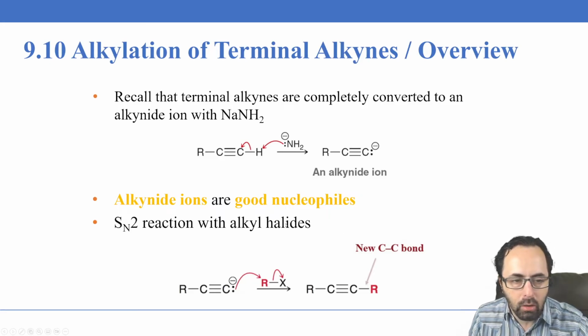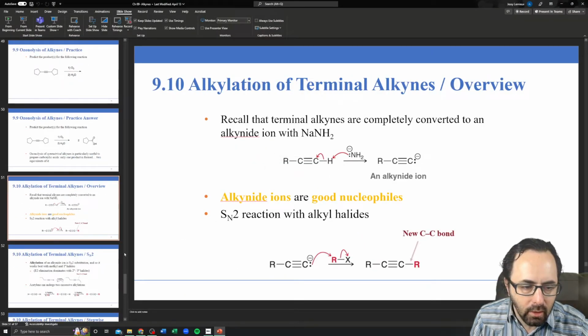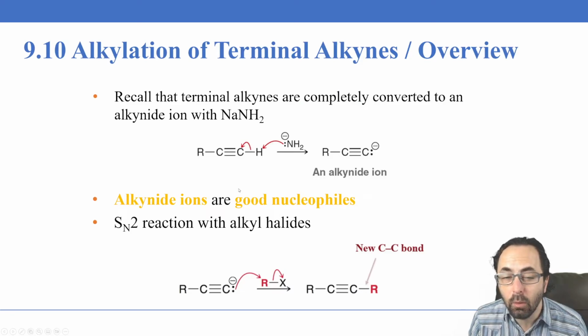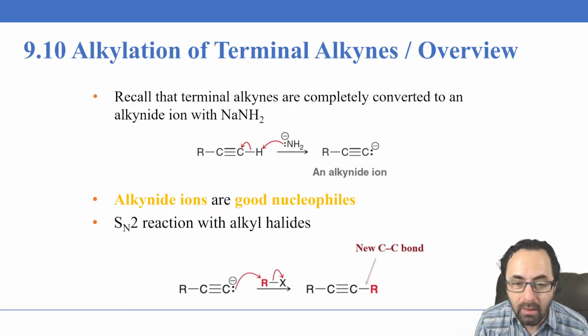And then our last reaction, the one that's going to be brand new to us, and immensely important synthetically, is the one in which we use the alkynide ion as a nucleophile.